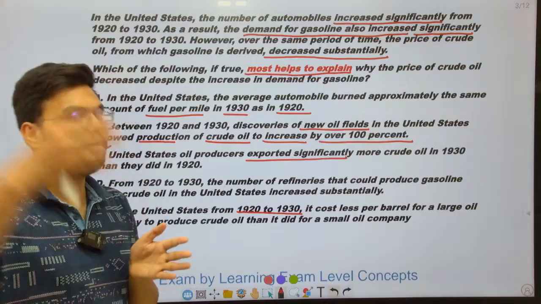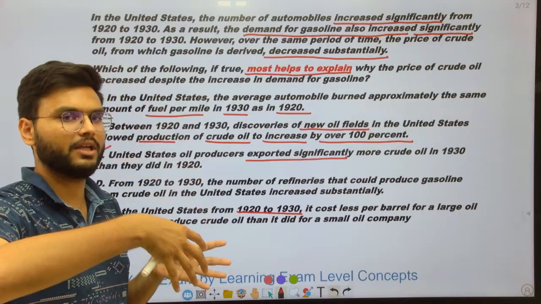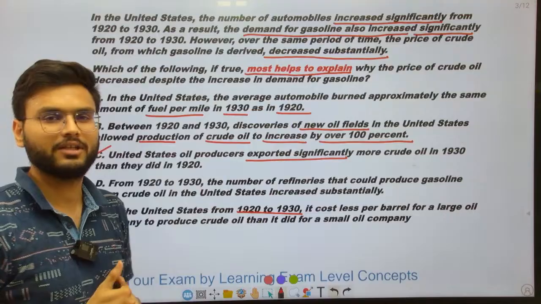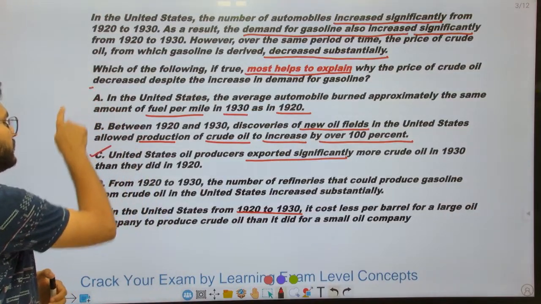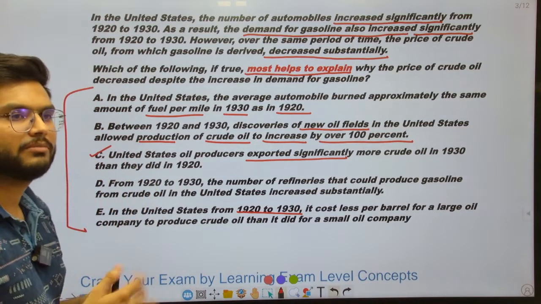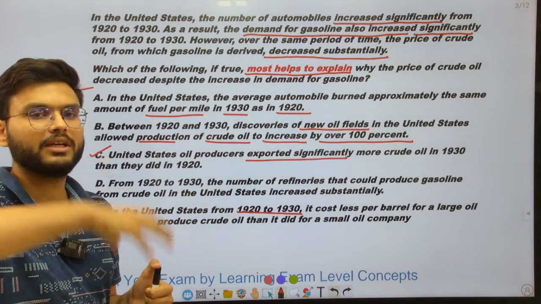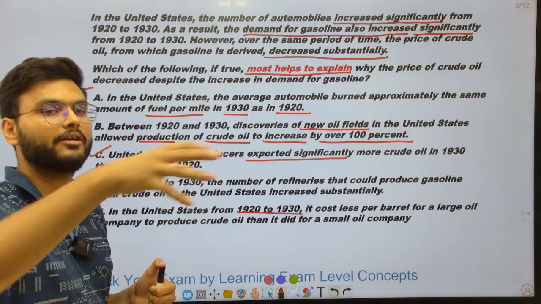It means there is a different factor which came into the equation and altered the course of action. Now you need to choose from the 5 given choices which option tells me a different factor came into the equation and altered the course of action.